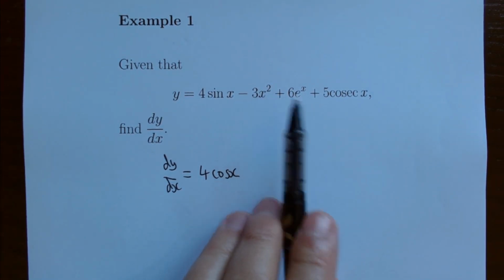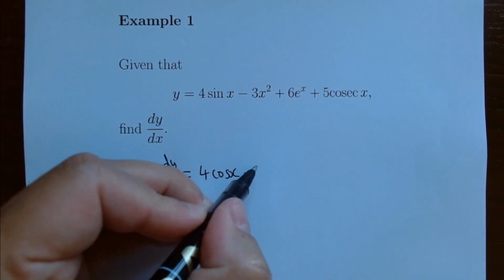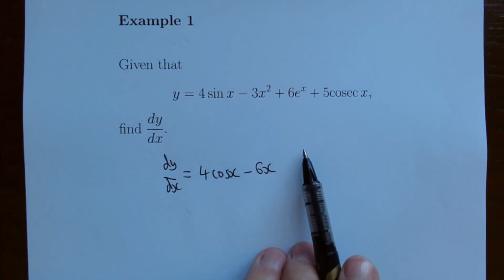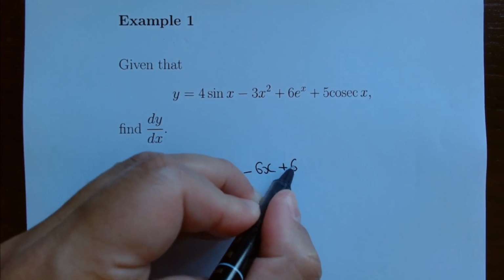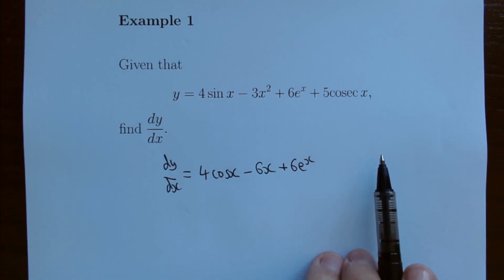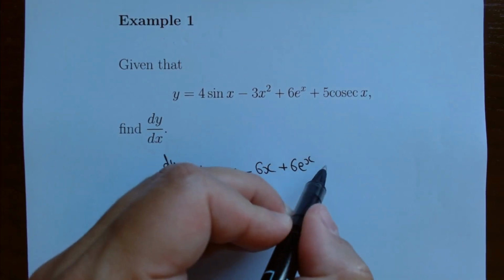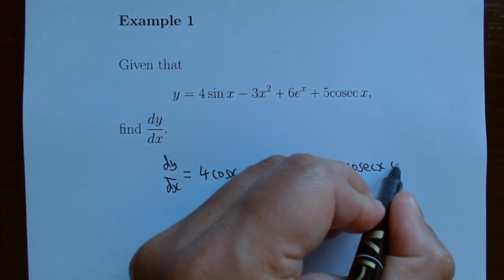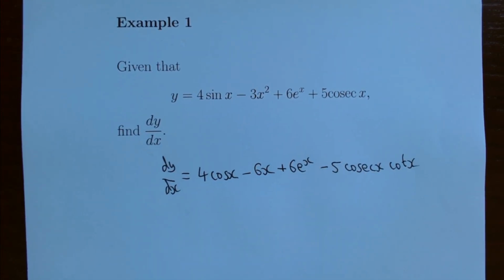This is a normal polynomial, so it becomes 6x, and then e to the x becomes e to the x, so we get 6e to the x, and cosec x becomes minus cosec cot, so we have minus 5 cosec x cot x.